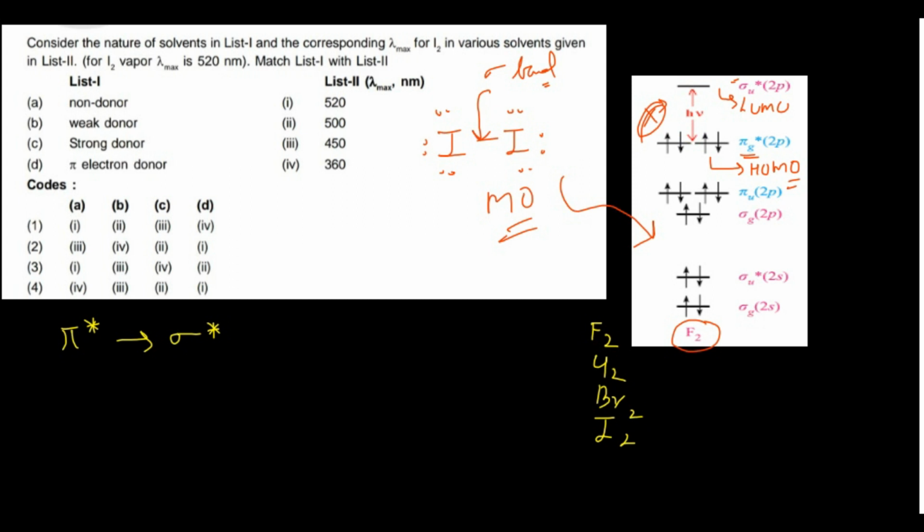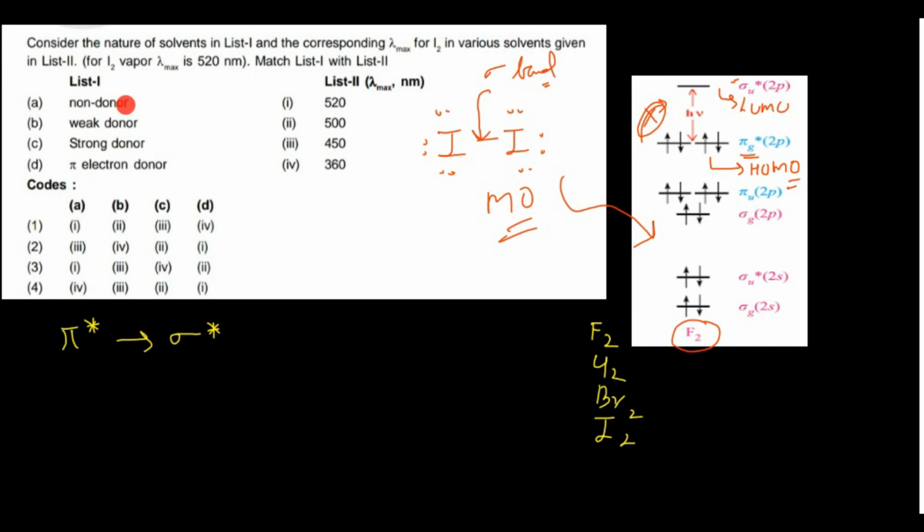If you have such a solvent which is a non-donor, what will happen? Nothing, no interaction. This solvent will have no interaction with either of these two orbitals, because if it is a non-donor, it cannot donate electrons into these orbitals.